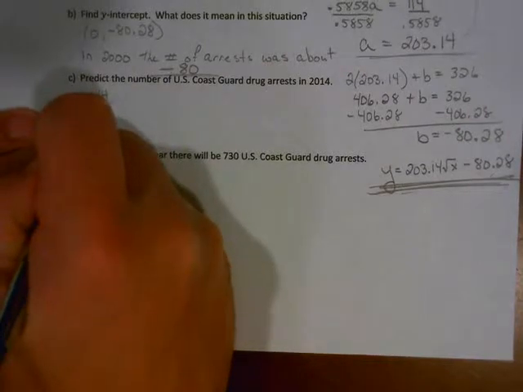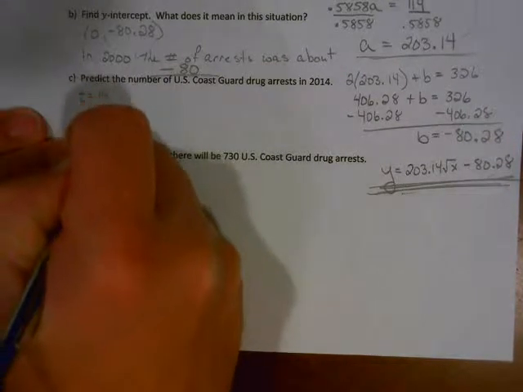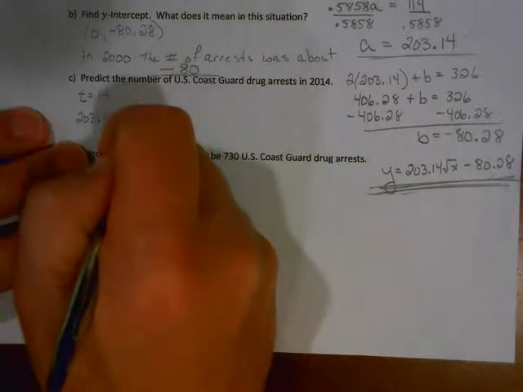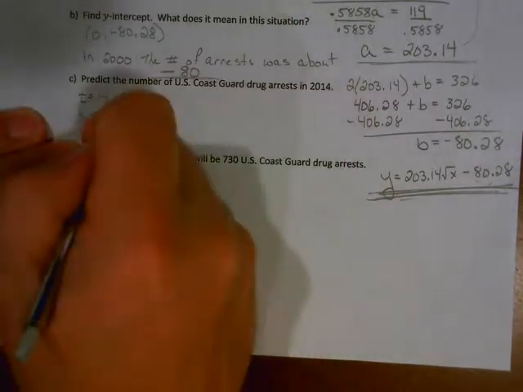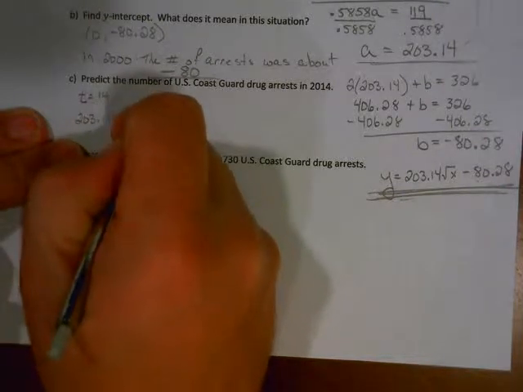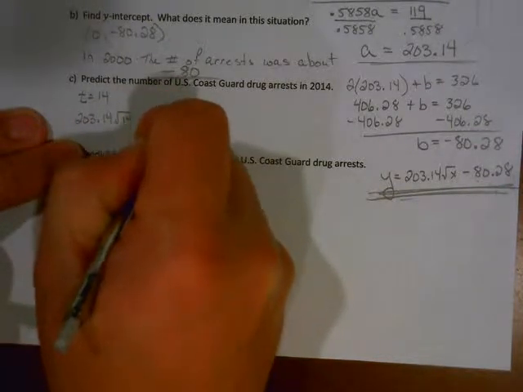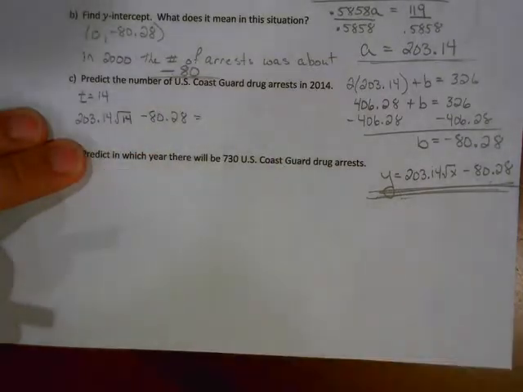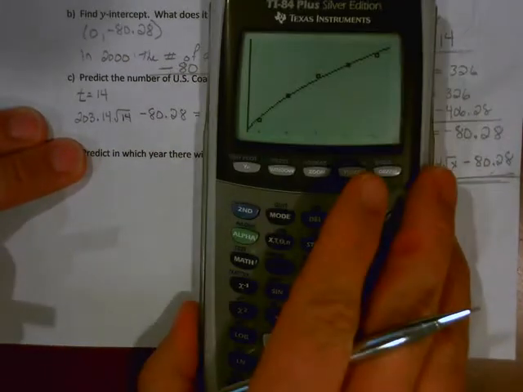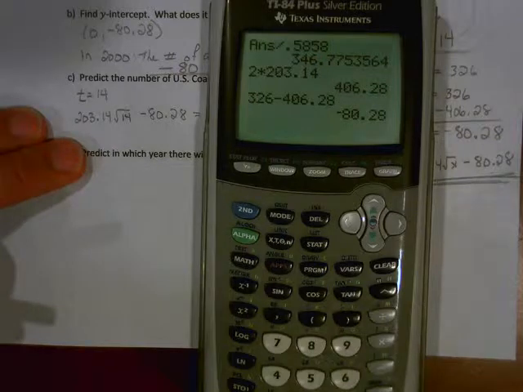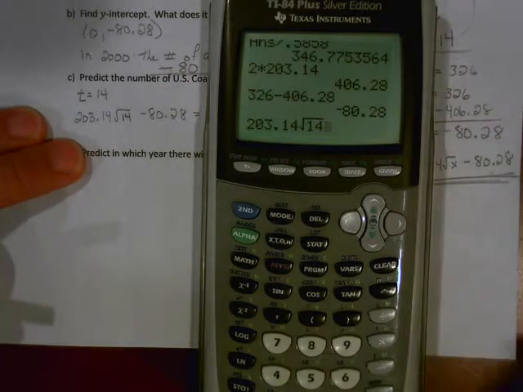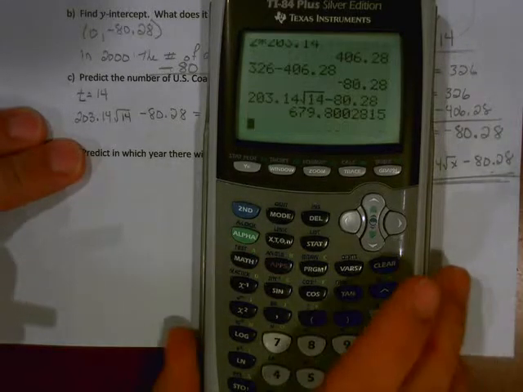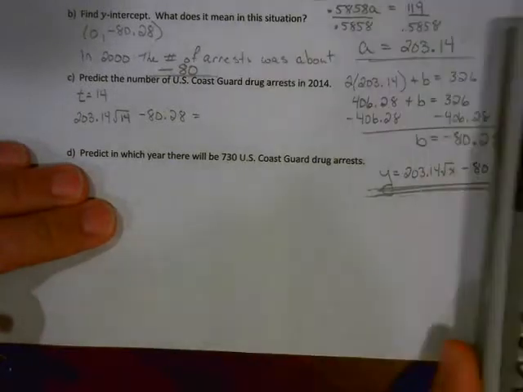So we're going to have 203.14 square root of x, and x is going to be 14 now, minus 80.28, and we get 679.8.